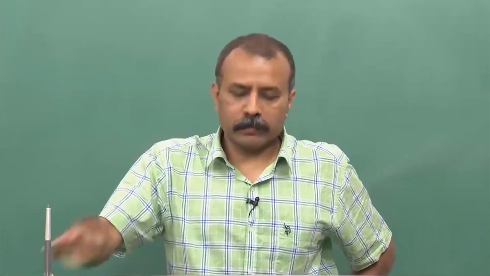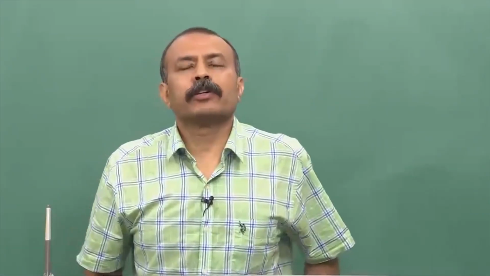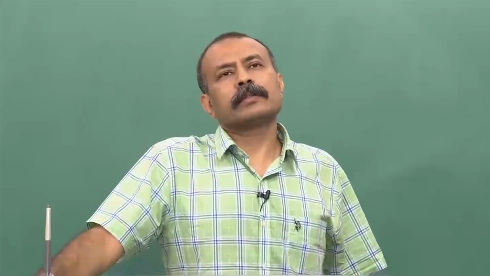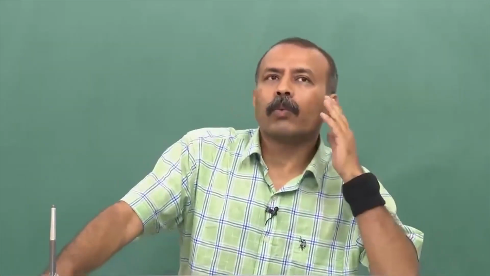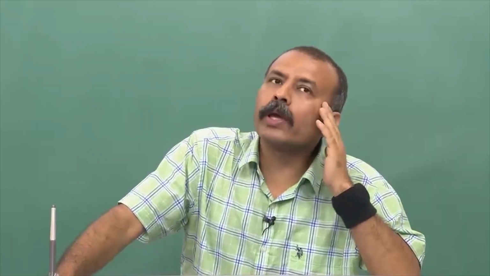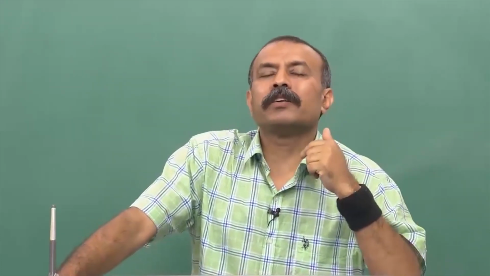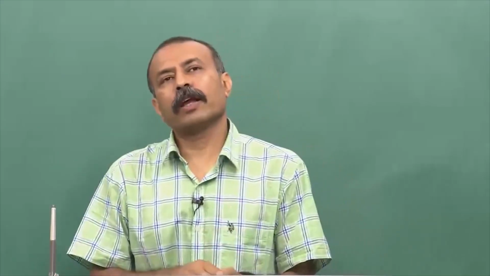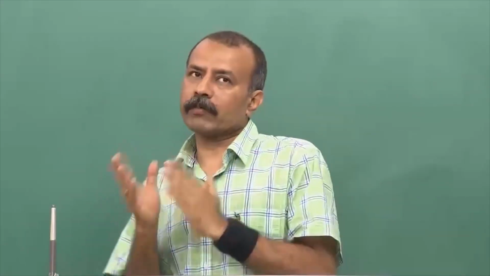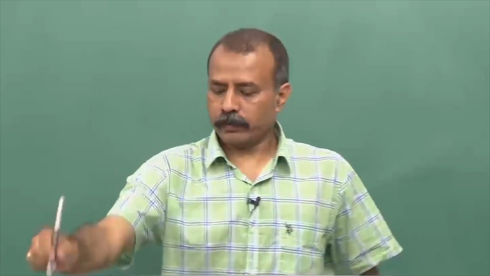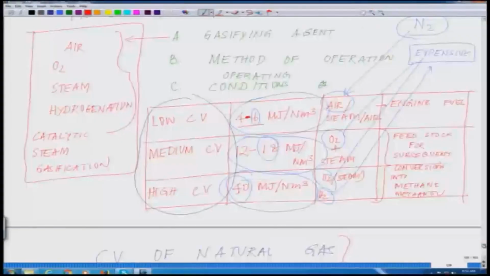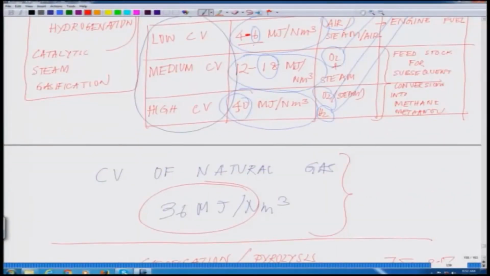Natural gas is 36 megajoule per Newton meter cube, whereas with our highest expenses we are getting 40, which is marginally different, and our low calorific value is at least 1/6 of what we get from natural gas. Here you have the 6, here you have 36, which is 6 times. This is the take home message.